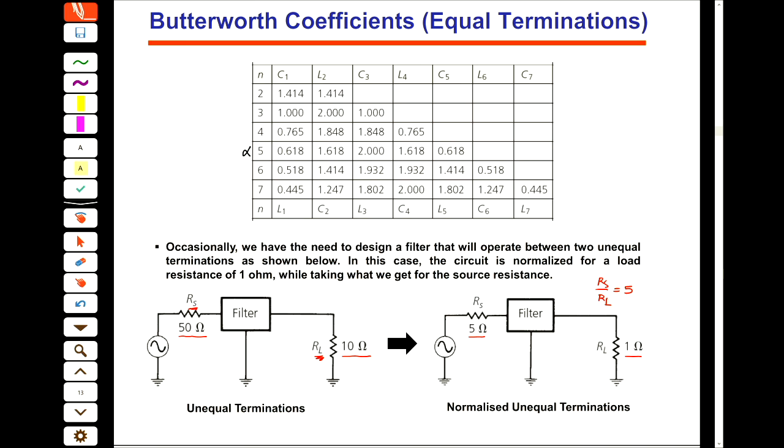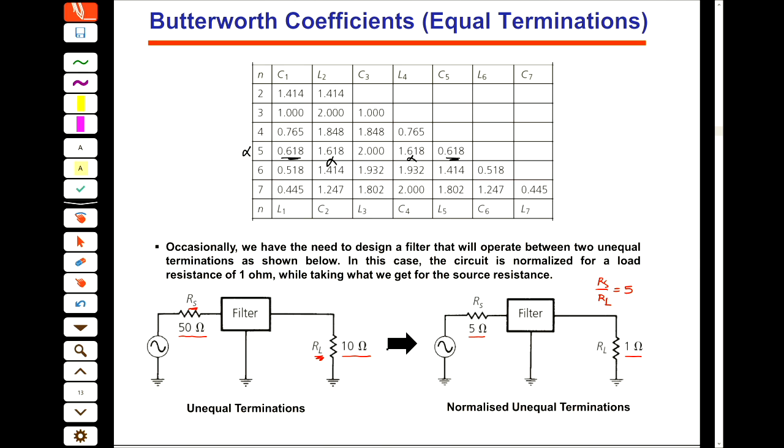You should consider that when RS and RL are equal, the coefficients are symmetric. For example, this one and this one are the same, and these and these are the same. Okay? It doesn't matter.